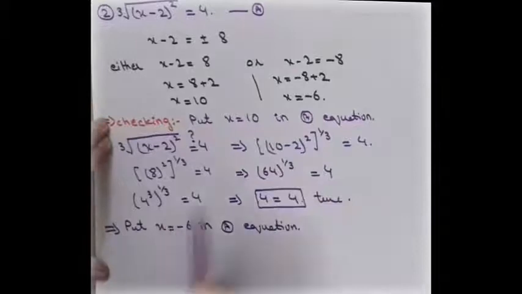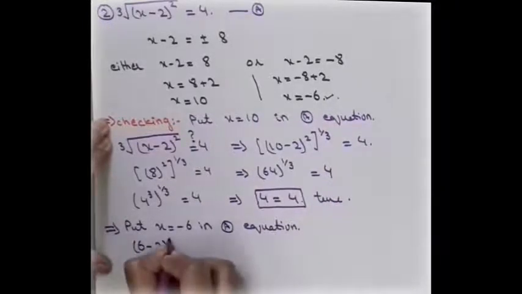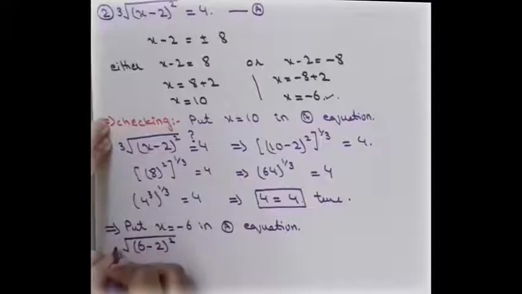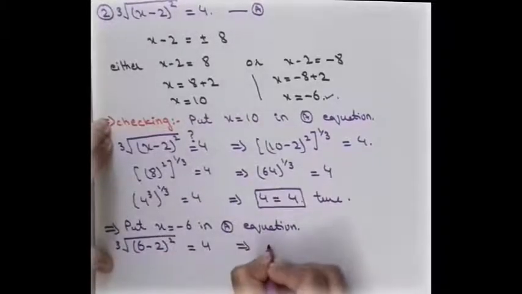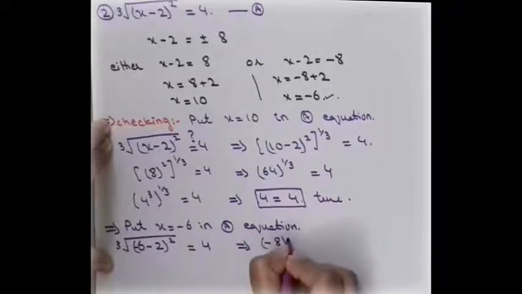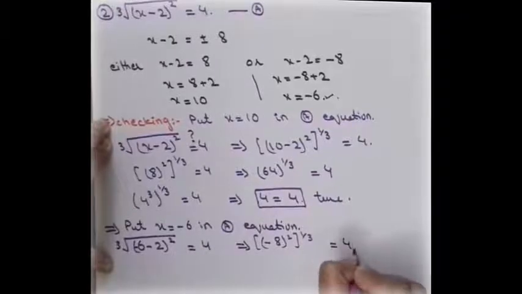So the other value, which is x is equal to minus 6, in the original equation, we can write as (minus 6 minus 2) square and cube under root which is equal to 4. This implies that minus 8 square to the power 1 over 3 is equal to 4.